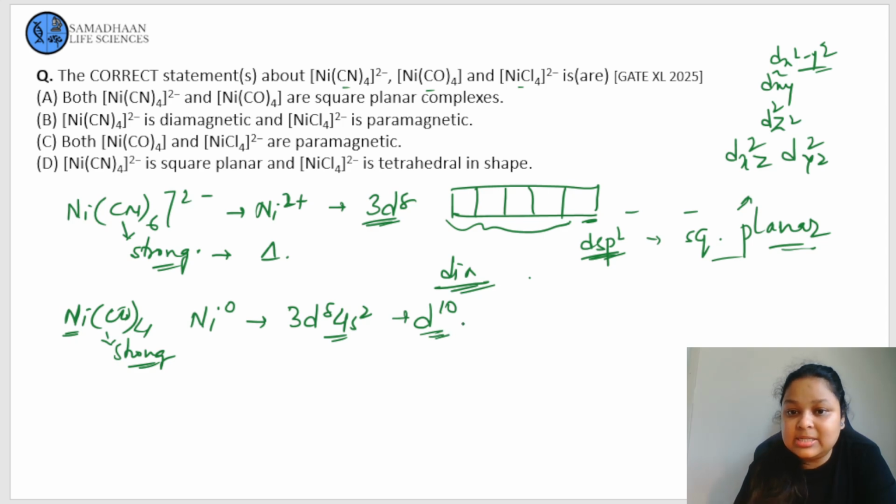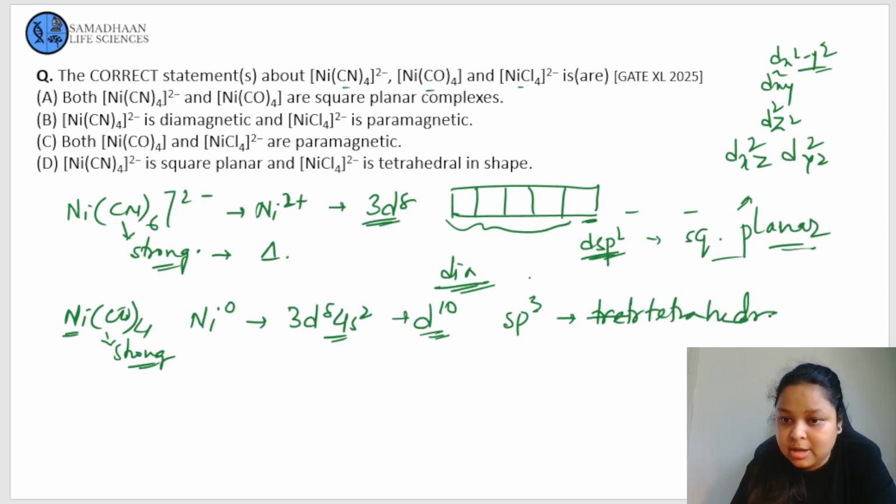But this d10 means no d orbital is left to accommodate the incoming electrons from CO, which means only the s and p are available, which means sp3, so tetrahedral geometry. And with d10 all electrons are paired up, that means diamagnetic.